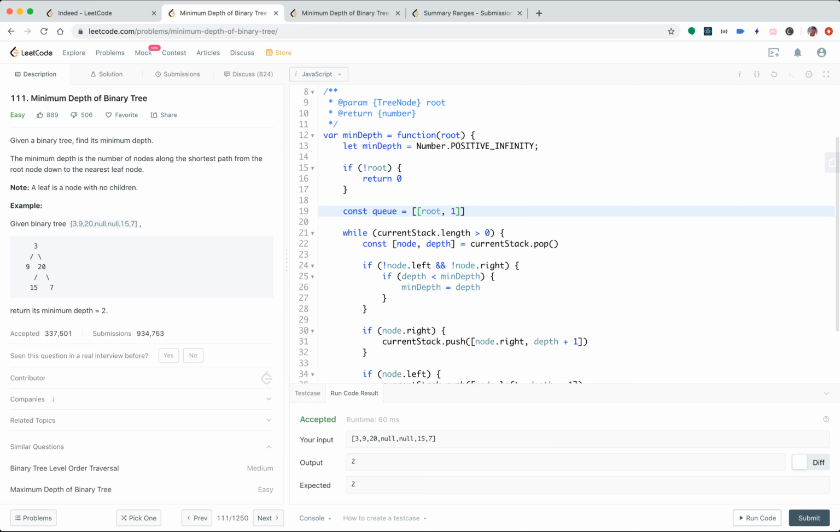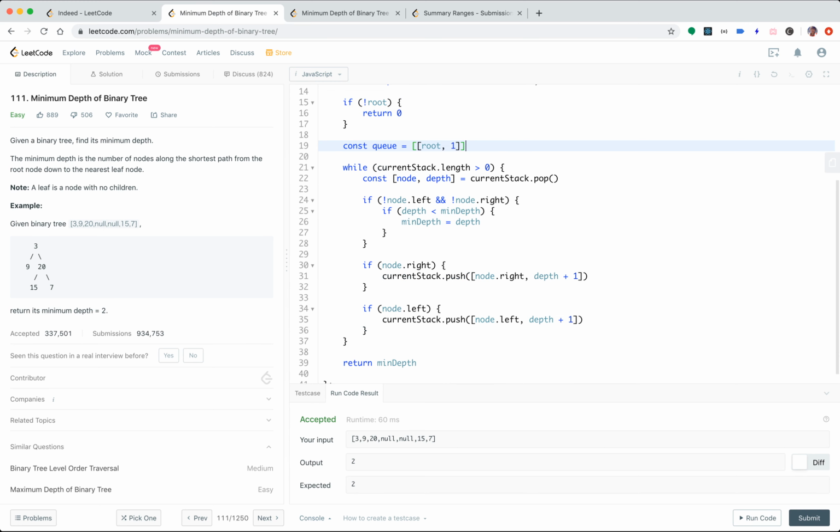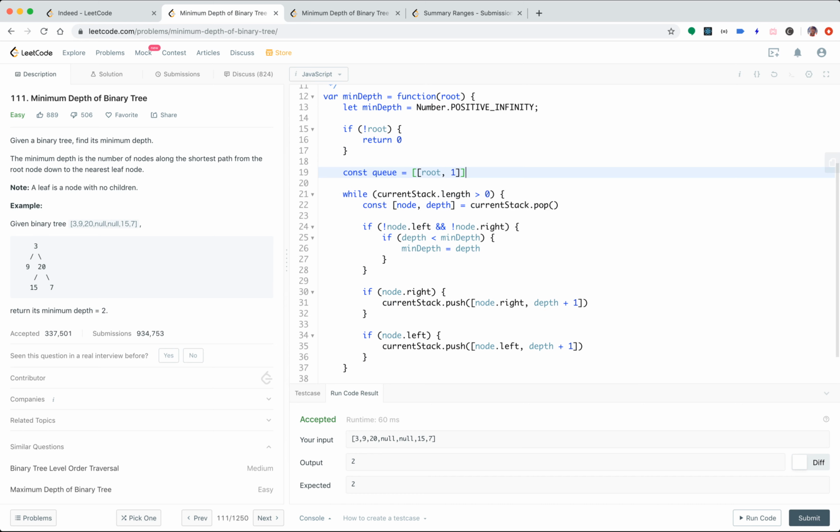It's also like this. We just push the first init. One thing is that we don't pop and we don't use a stack, because we use first in first out, so that we can always traverse all the parent nodes in the same level. So for node and depth, this is not pop, but shift.